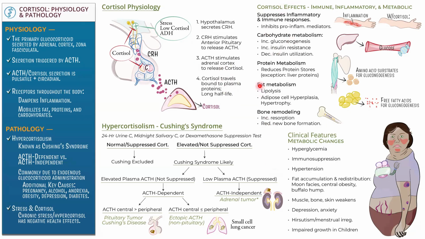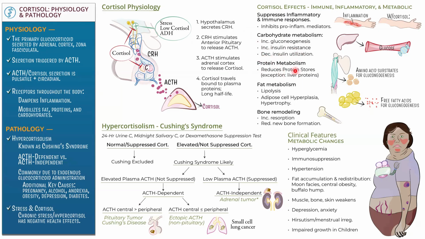So the functions of cortisol in regards to glucose metabolism is that it has immune functions, inflammatory functions, and metabolic functions, as you can read them there. So if you have now failure of these cortisol effects, which is it suppresses inflammatory and immune responses, leads to carbohydrate metabolism, such as increased gluconeogenesis, increased insulin resistance, and decreased insulin utilization.